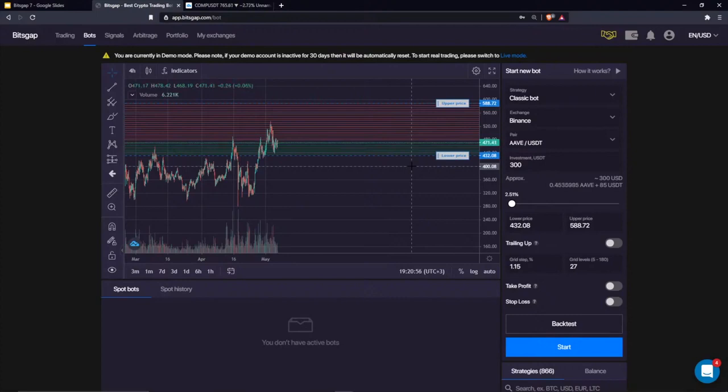Like the last trade I closed was BNB trading to USDT. And I think I had like 0.8% as a grid step or something, and I managed to make 30% in bot profit for the period of 1 month.